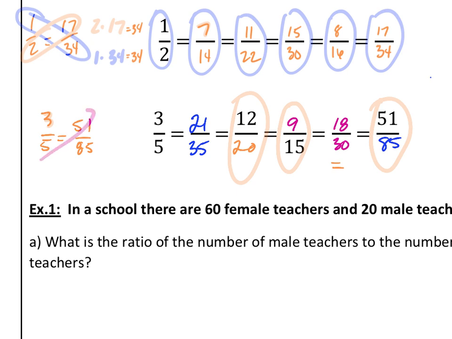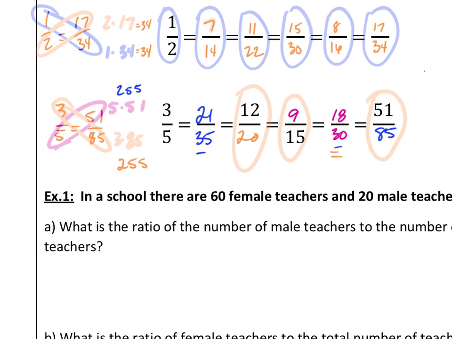So I'm going to say 5 times 51, and I'm going to do 3 times 85. 3 times 85 is 255, and 5 times 51 is 255. So the cross products are equivalent when the numbers are the same. So go ahead and check yours and make sure those cross products are the same. It's going to be important for you to understand that for the next couple chapters.